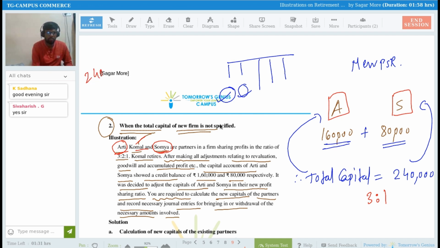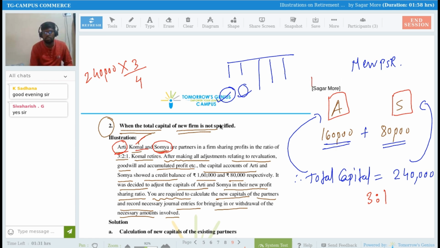2,40,000 multiplied by 3 divided by 4 is 1,80,000.